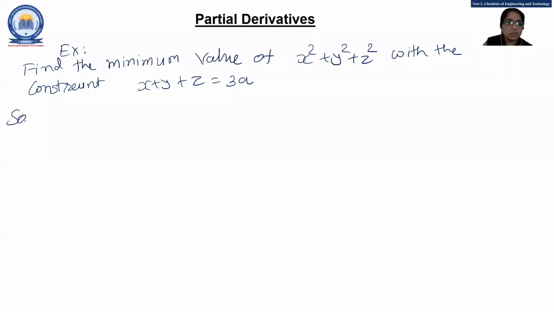Okay, this is our question. See, our given function has three variables, students: x, y and z. And our given constraint is x plus y plus z is equal to 3a, right?